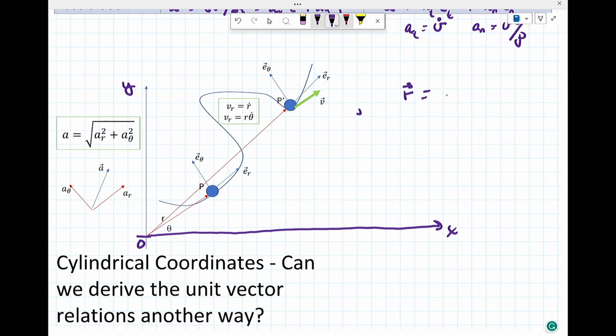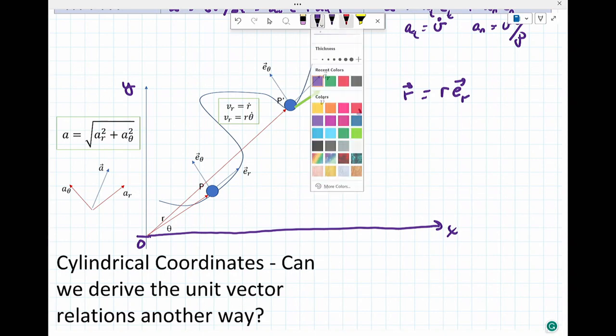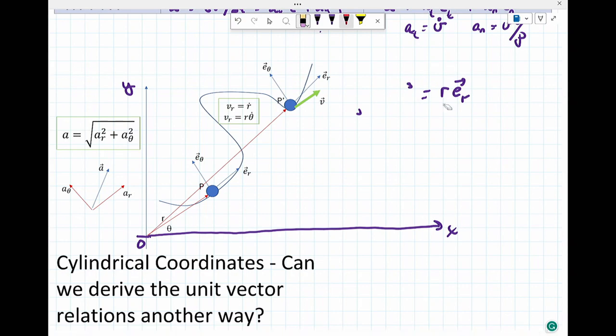You'll notice that I can define the distance. I'm going to switch pens. So to define position, it's a lot like the velocity was defined in the NT system, in that one term describes everything there.